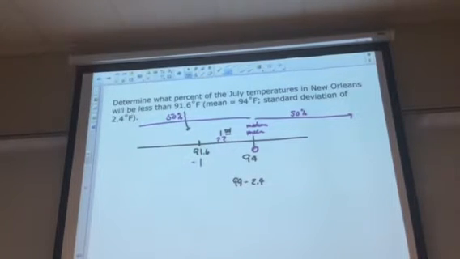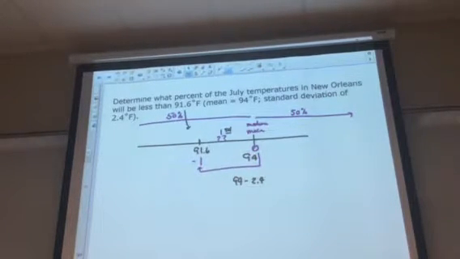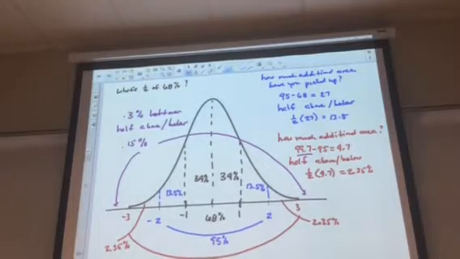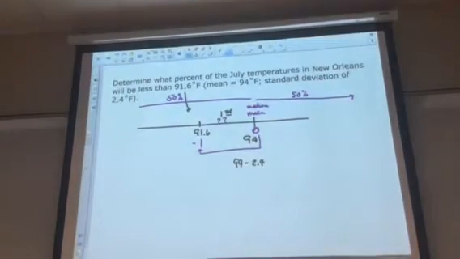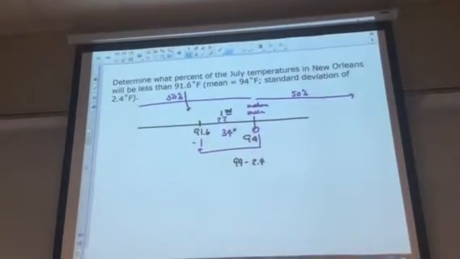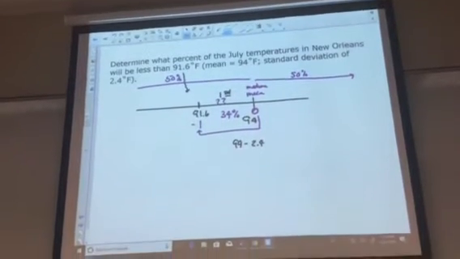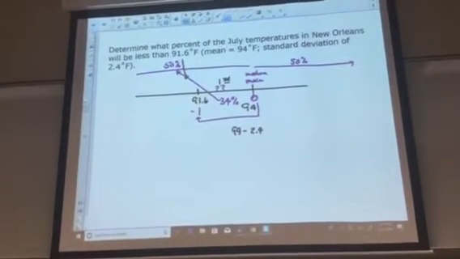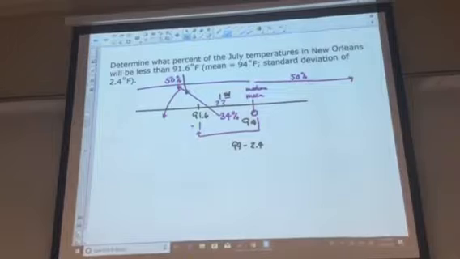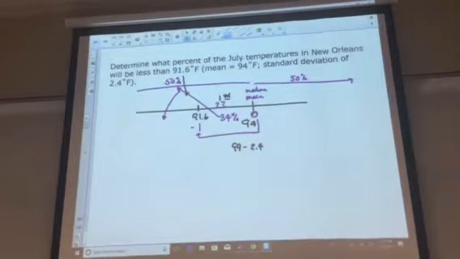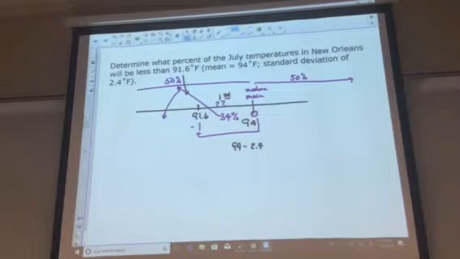So what area is between dead center middle and 1 standard deviation below the mean? 34%. If this is 34%, how much is left of the 50% that I expect to be below that particular point? 16%.